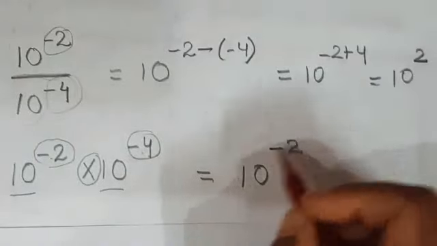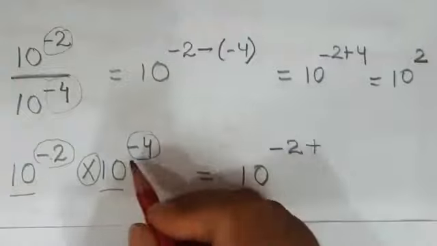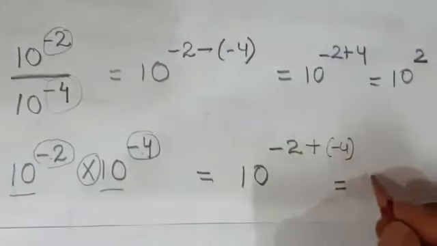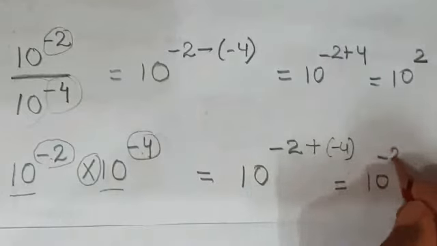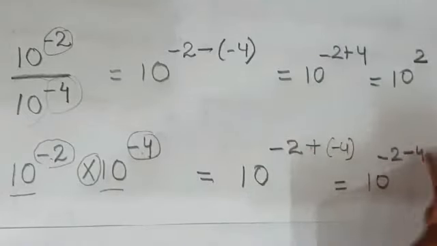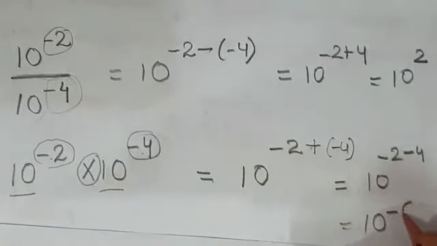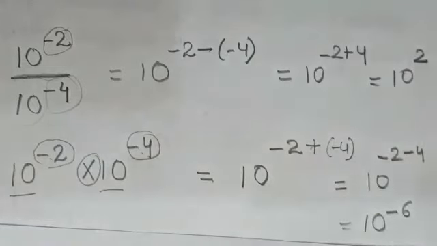So minus 2 plus minus 4 will be equal to 10 raised to the power minus 2 plus minus 4, that will be 10 raised to the power minus 6. Clear? So these are the few things you should keep in mind before solving these type of questions. Okay?